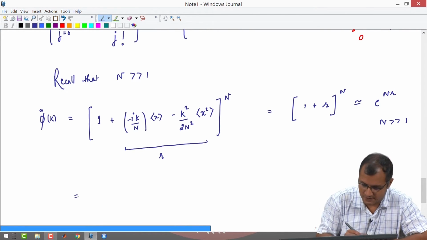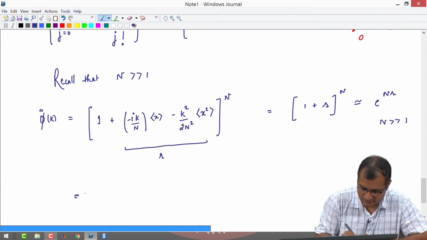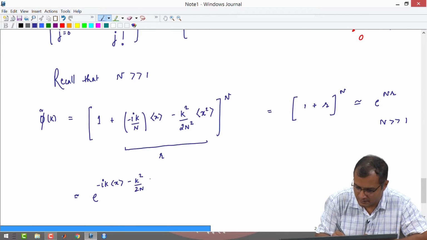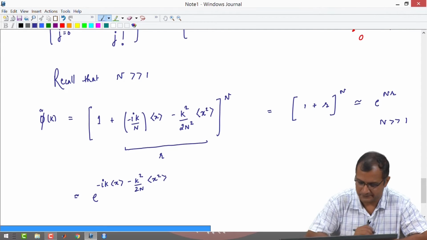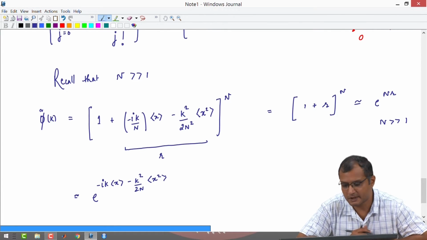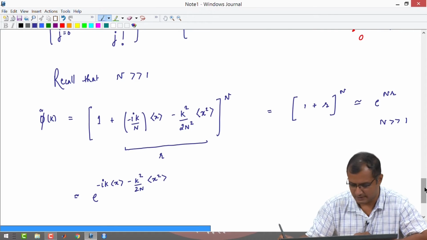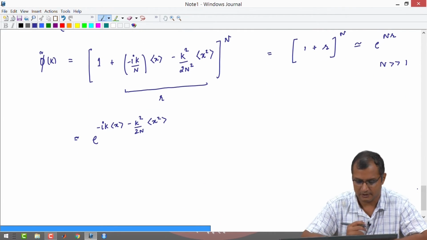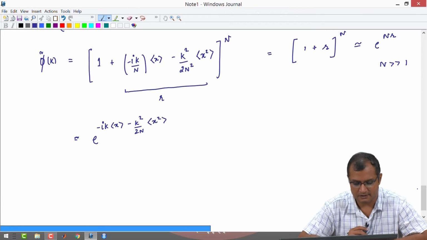So, this becomes approximately e raised to n times r, which would be just minus i k into mod x minus k square by 2 n into mod x square. Just multiply n to r and raise it to power e. So, this is our characteristic function.